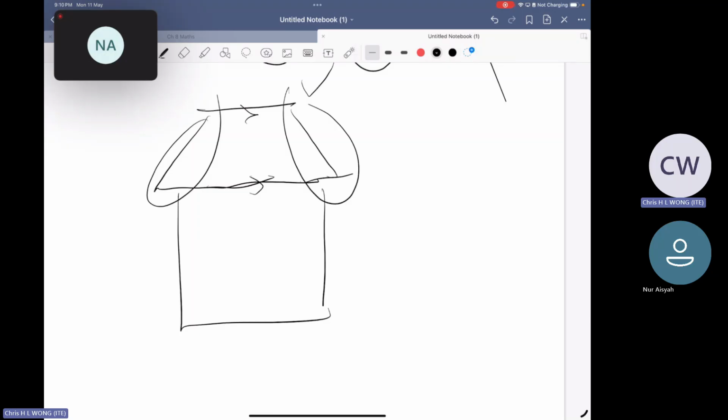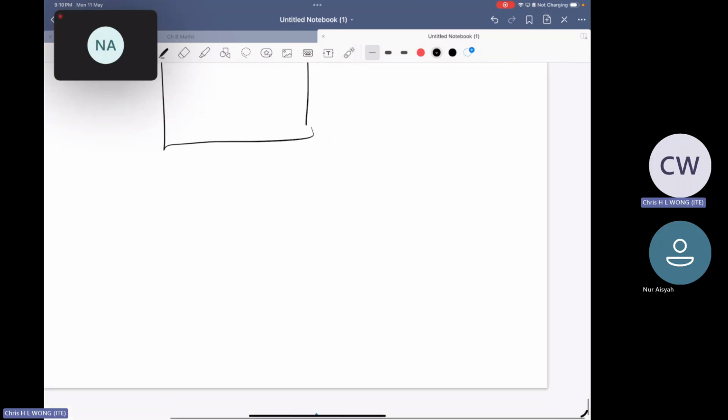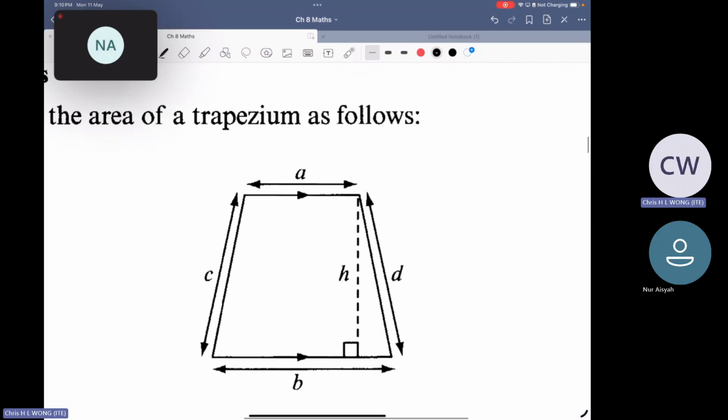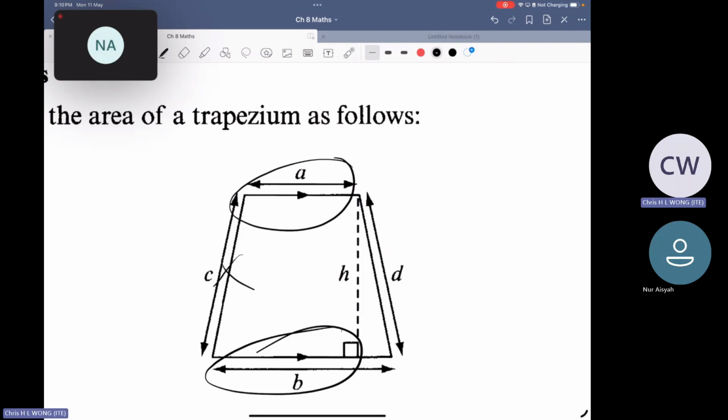Okay, now, trapezium also has its own formula. So what is the area of a trapezium? Let's look at it. Trapezium, I draw this like a house, right? The parallel sides, I use A and B. These two are not parallel.